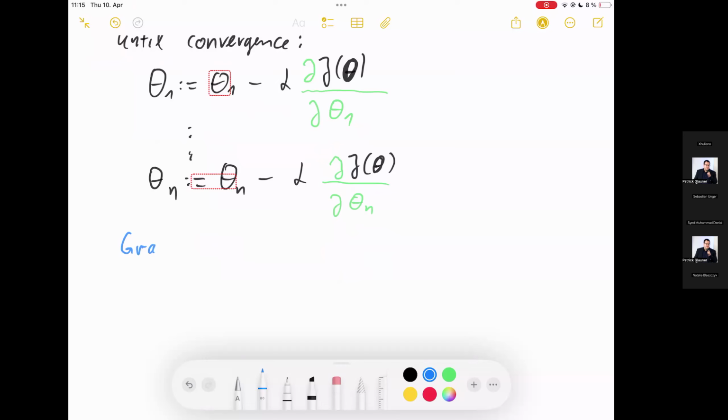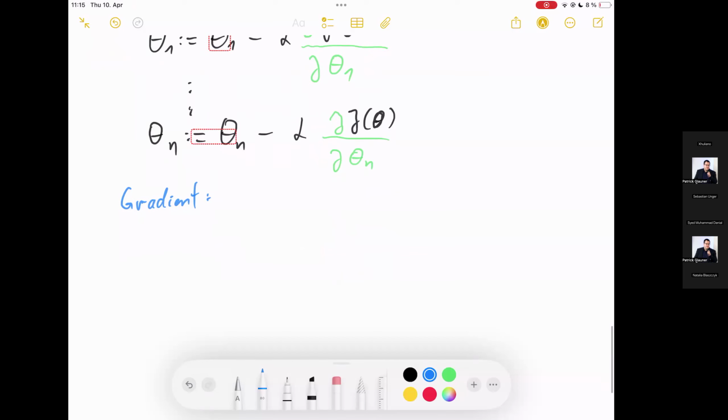So the gradient, well, one person says the rate of change, one says the slope of a function. Well, the slope of a function, this was the derivative. The gradient is something like this. The nabla of J of theta is a vector of partial derivatives.